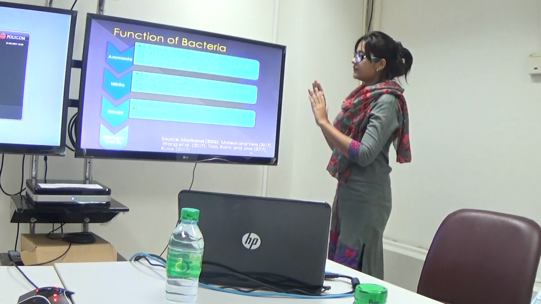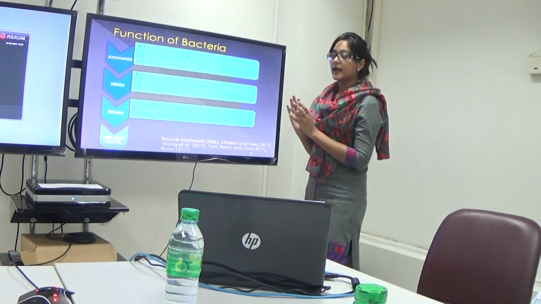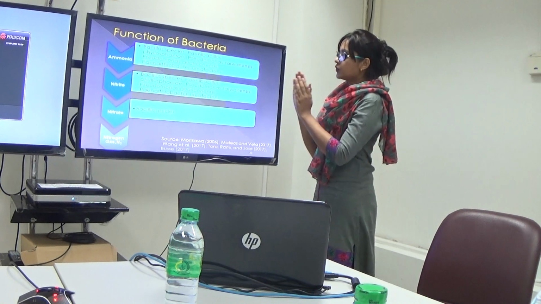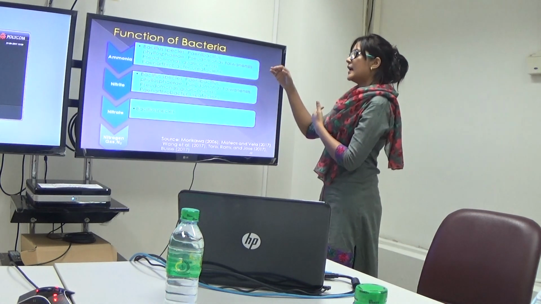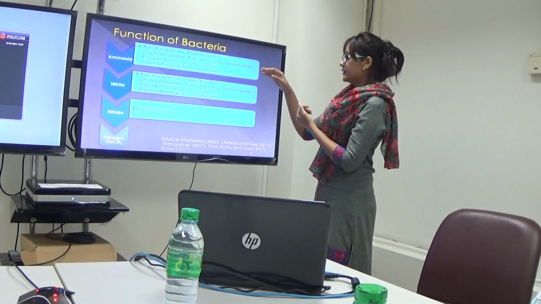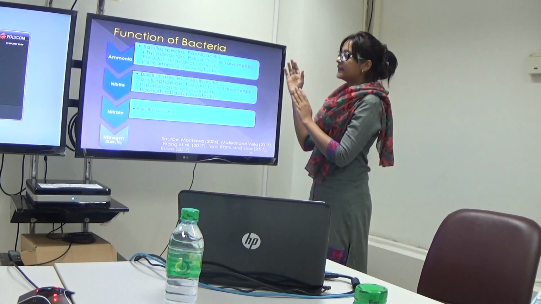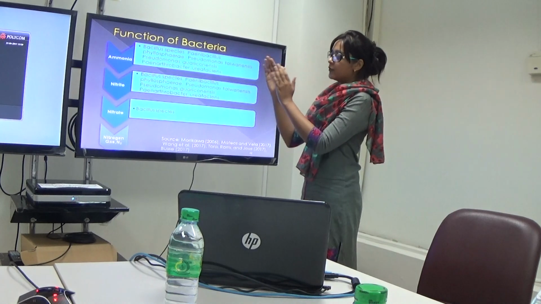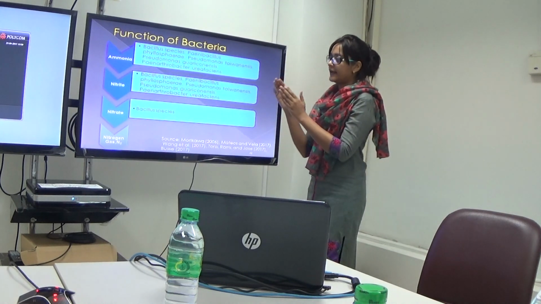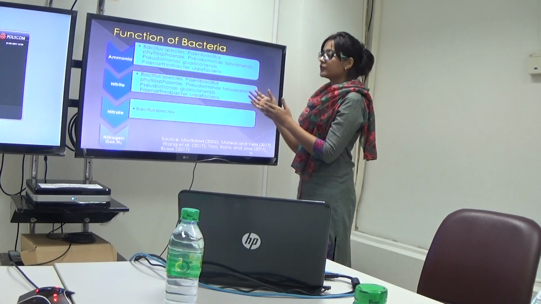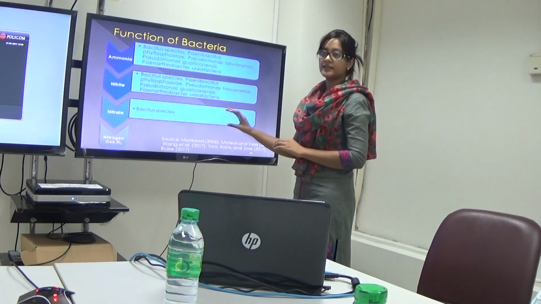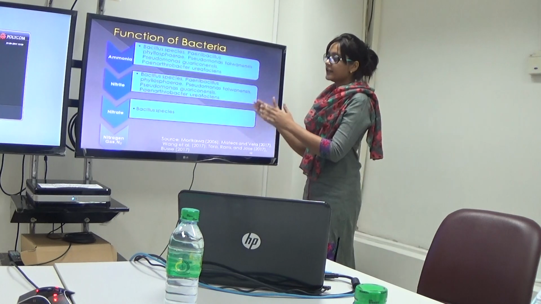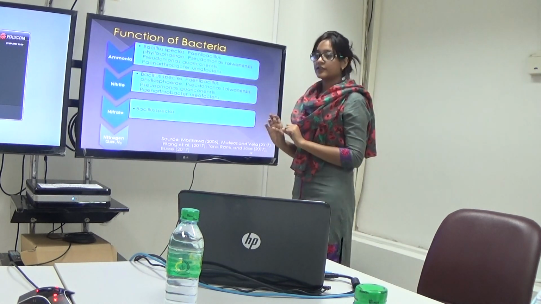So what is the function of this bacteria? We found from the literature that Bacillus, Paenibacillus and other species are used for converting ammonia to nitrite, and also for converting nitrite to nitrate, but only Bacillus species are used to convert nitrate to nitrogen gas.